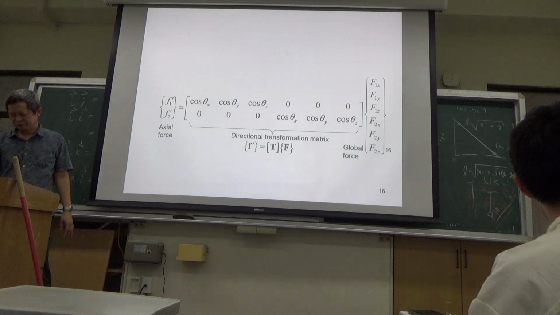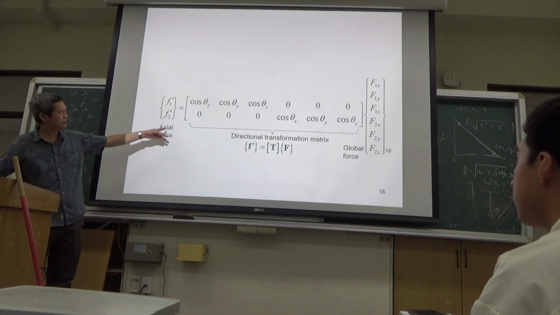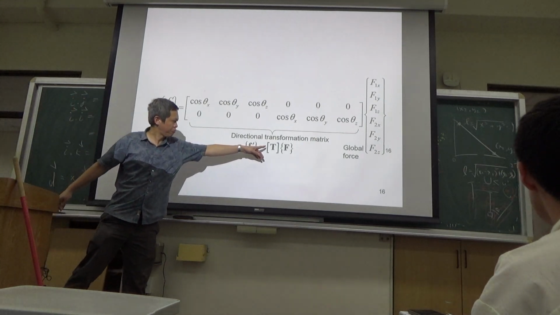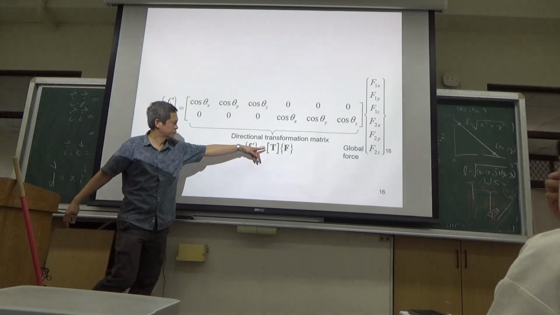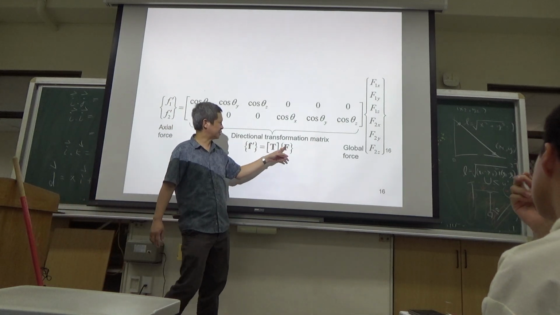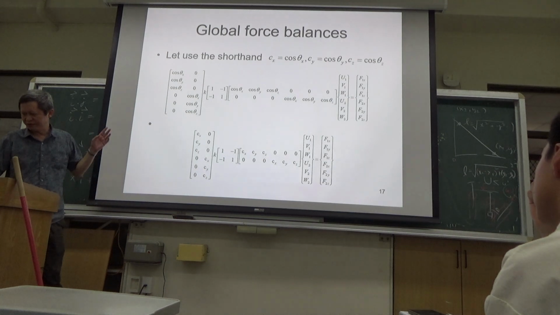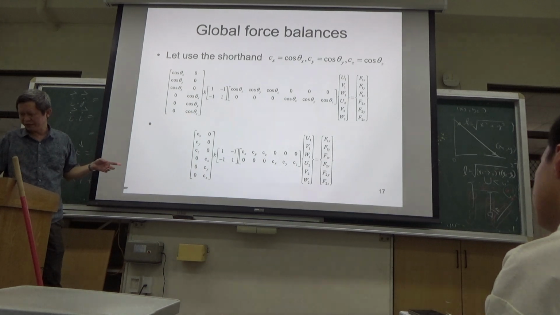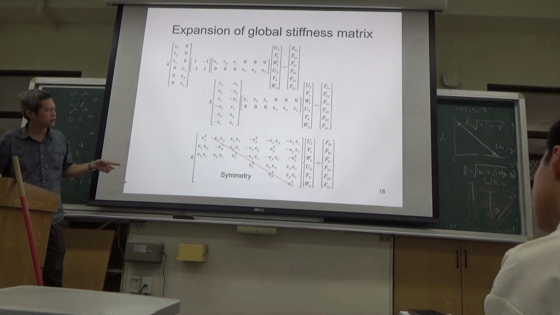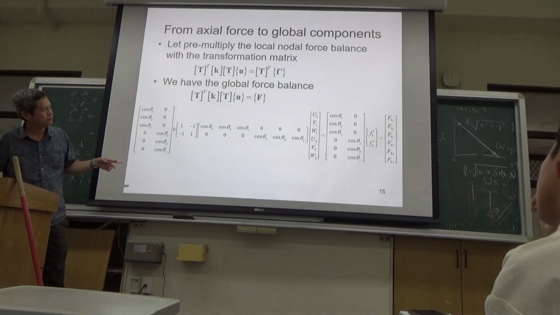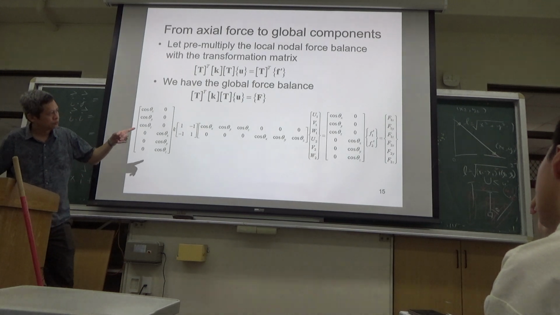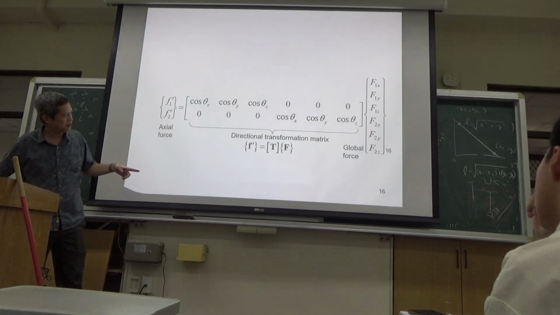So you know the local force was previously the transpose of the transformation matrix and force. But now you pre-multiplied it, what you're going to have. Okay, let me write this.